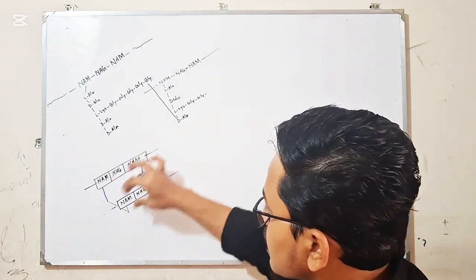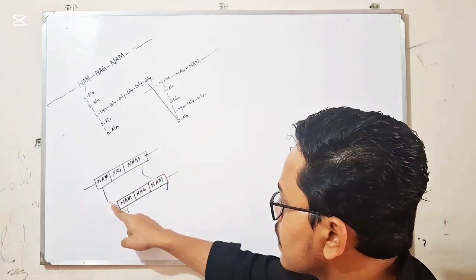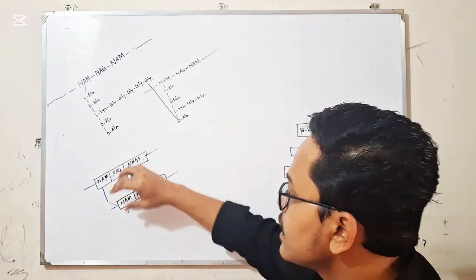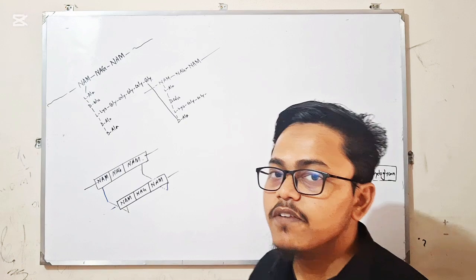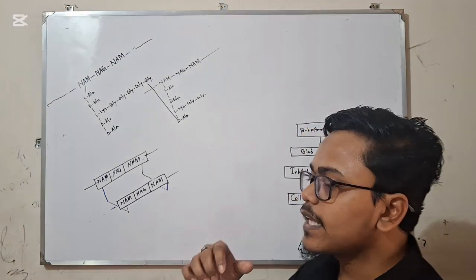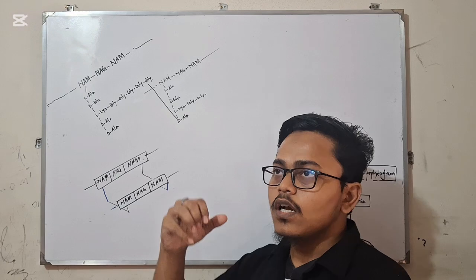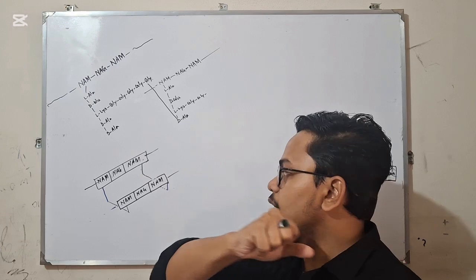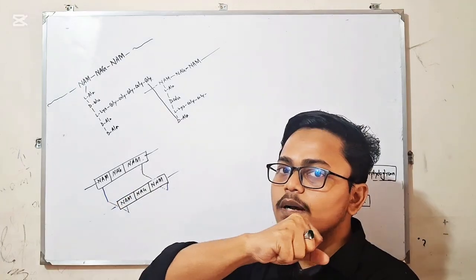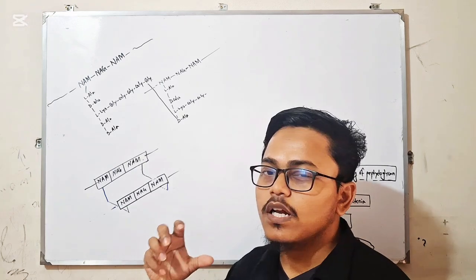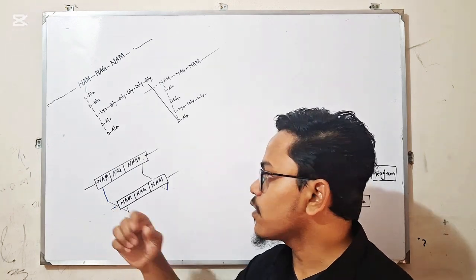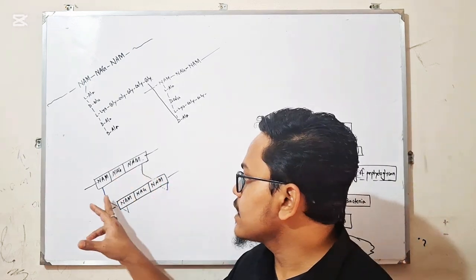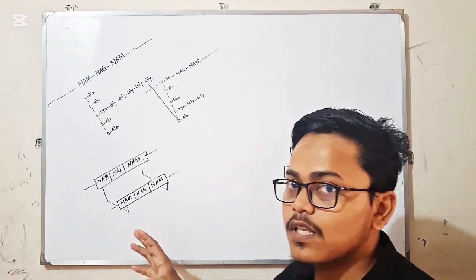So these are basically sugar backbone, and these are the peptide cross linkage. The main function of this cross linkage is to help the sugar backbone become tight, and they are responsible for the rigidity of the cell wall.